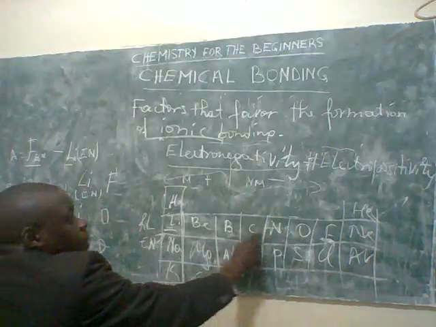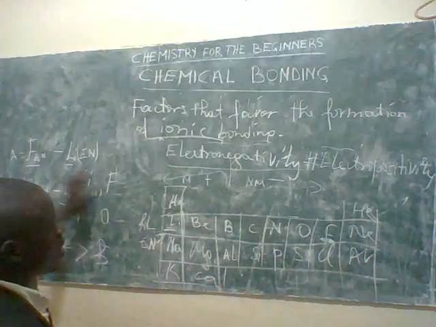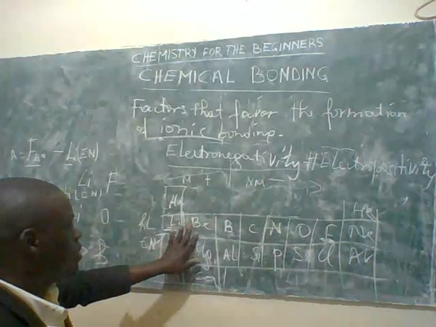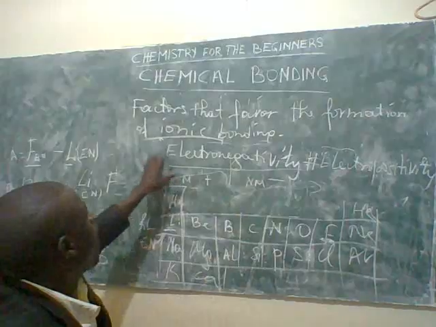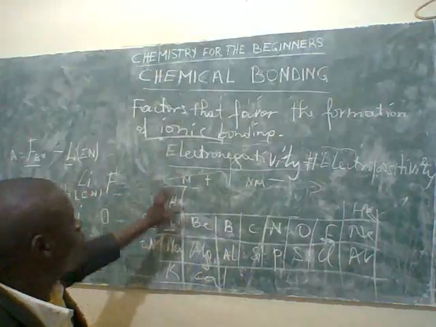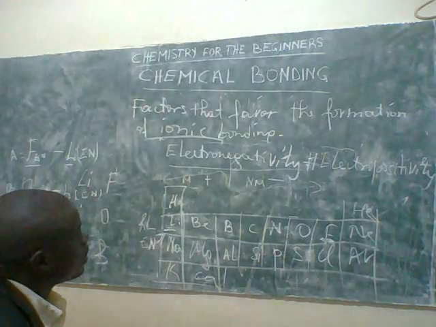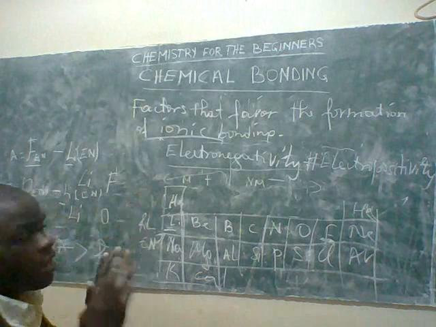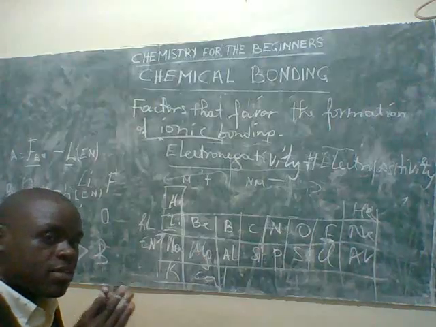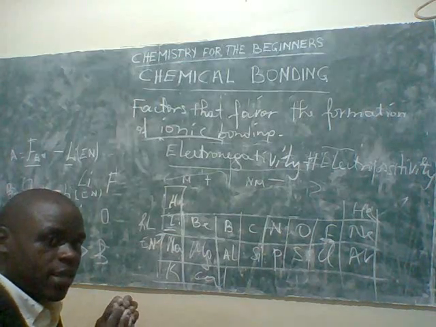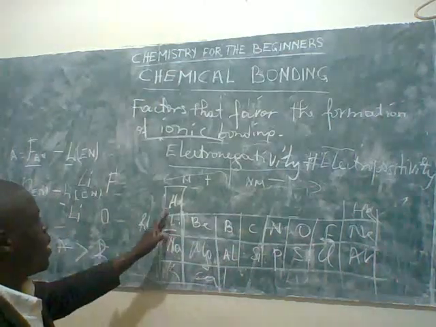From here to here, the one which has the most electronegativity is fluorine, which means when fluorine reacts with any of these, it forms a more ionic compound compared to others, because there is a condition saying that the electronegativity difference between two combined atoms must be high.